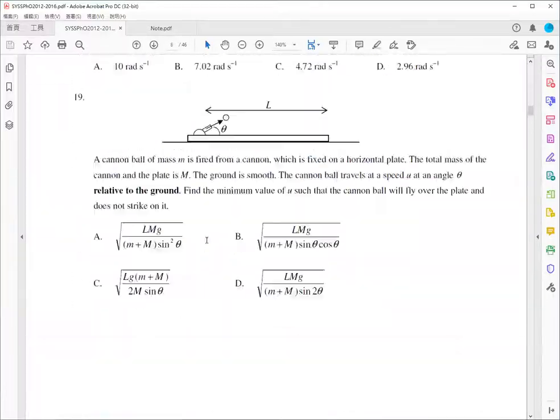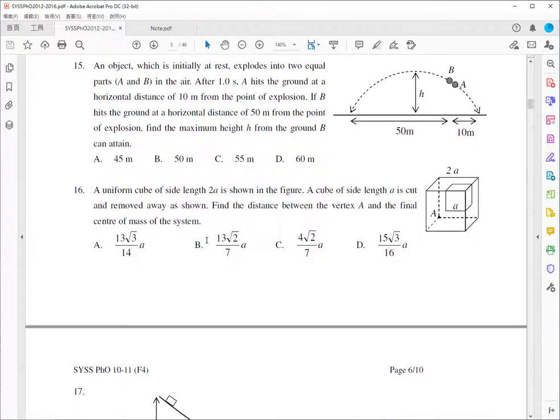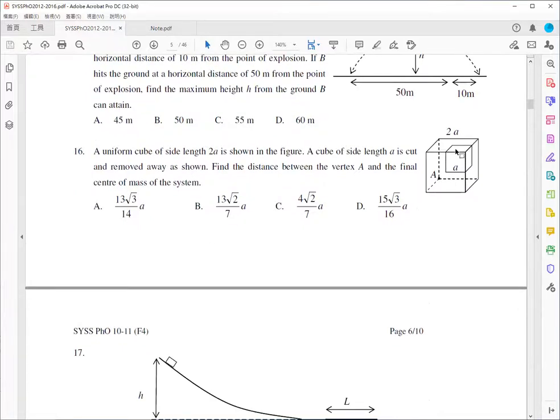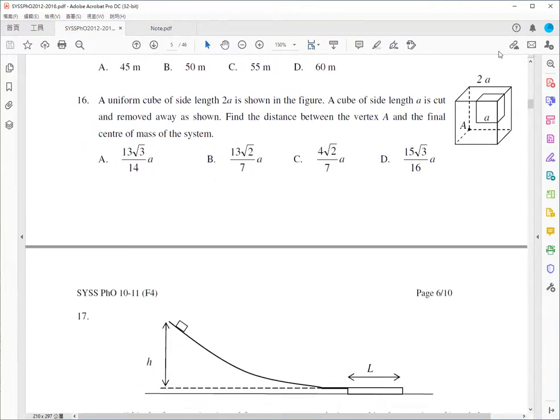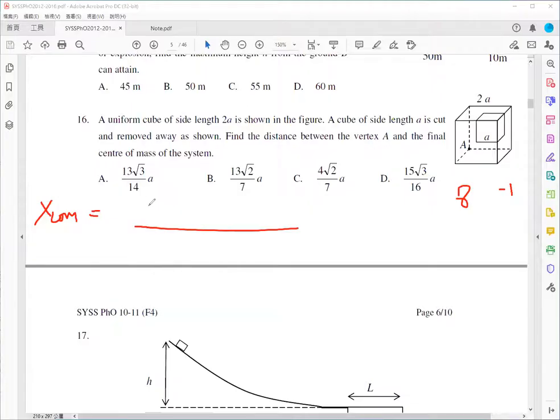Now, although this is 3D, I think you can do it like an XYZ coordinate. So question 16. I think 2 or 3 minutes should be enough. Now, the mass of the big cube is 8, and the x coordinate is a.